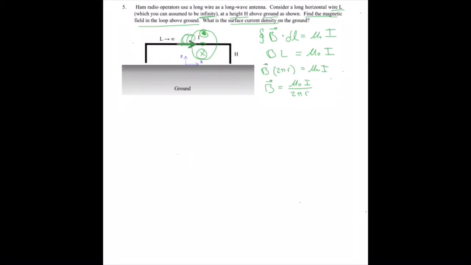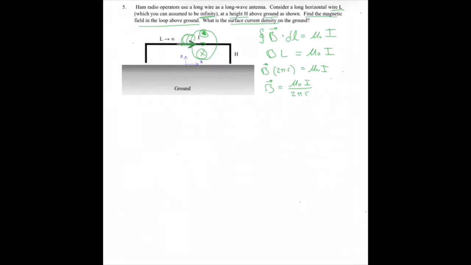And these are vectors. Now, we don't know what our r is yet, so we need to figure that out, but that'll come next. But now, we need to understand what's happening to this wire being above this ground plane.